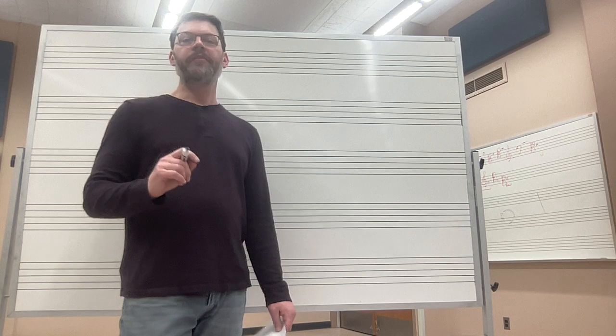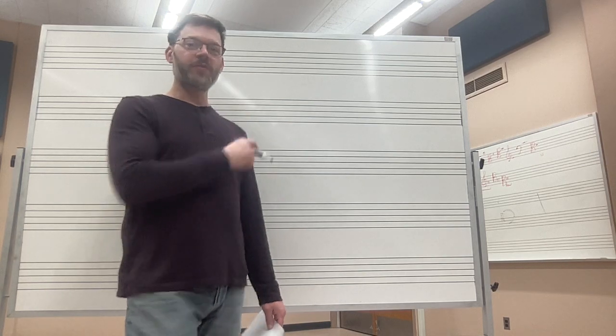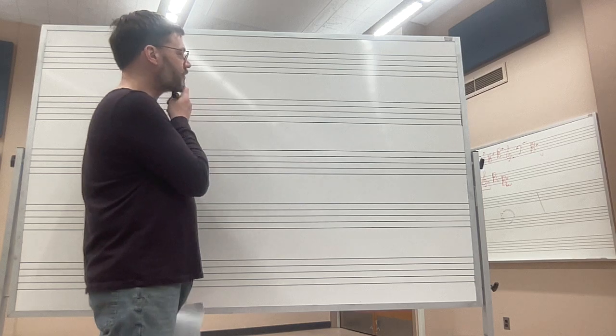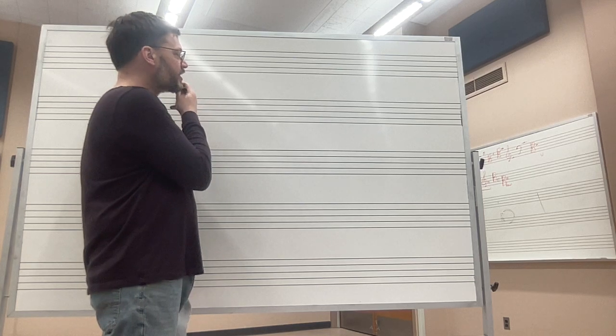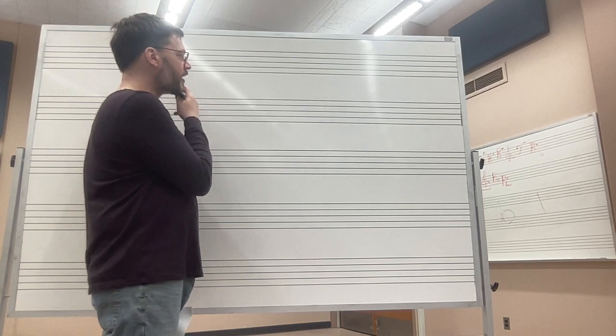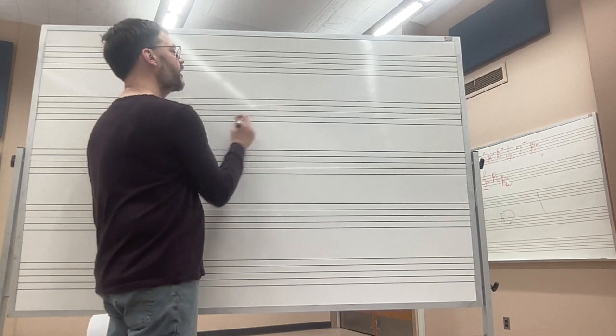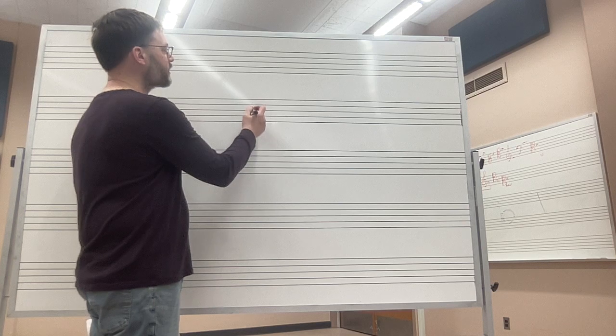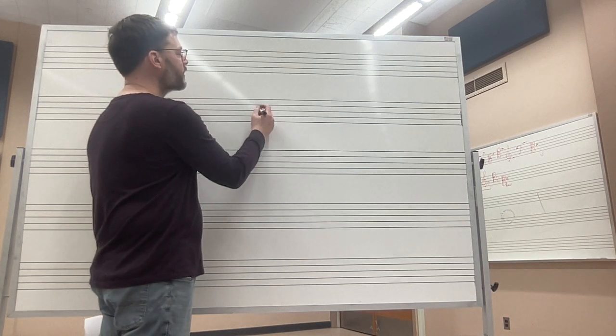So the reading will walk you through some of these things, but I just wanted to show you some tips and tricks here. The first thing I want to talk about is note heads, and we want kind of a slant. We have 2 main types of note heads.